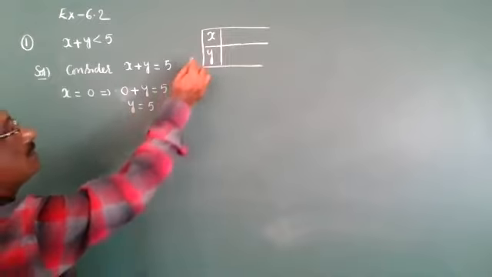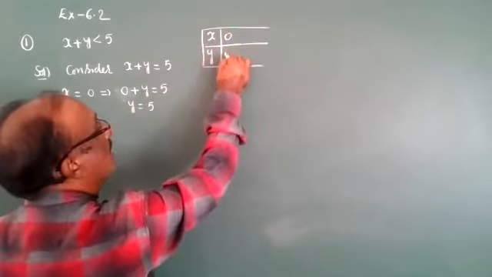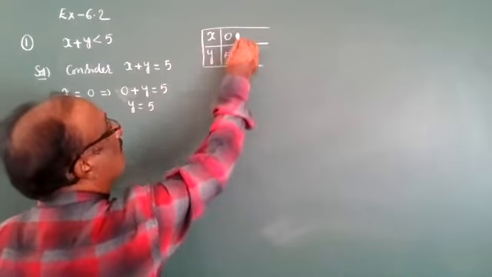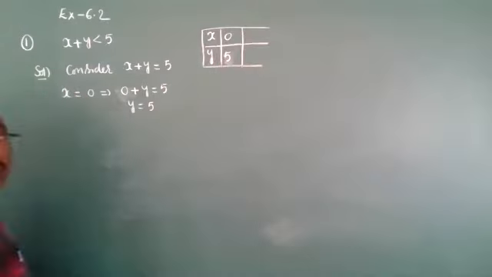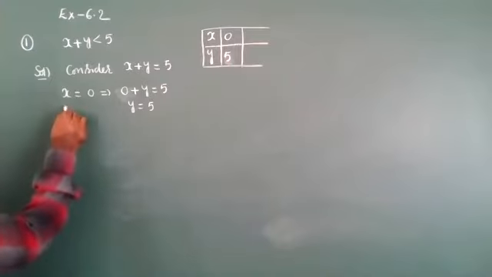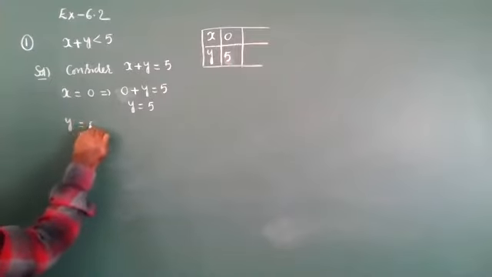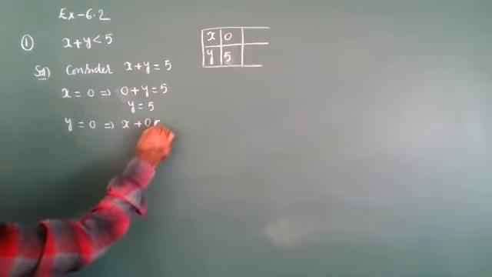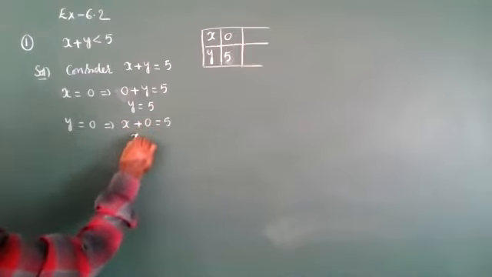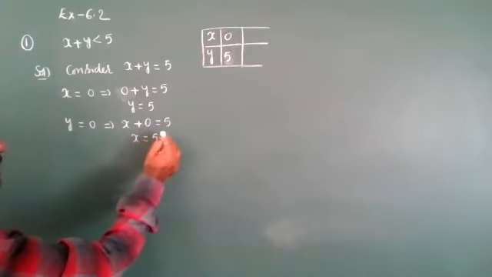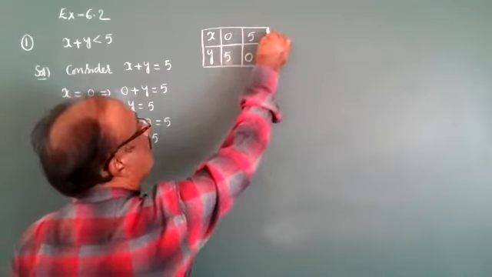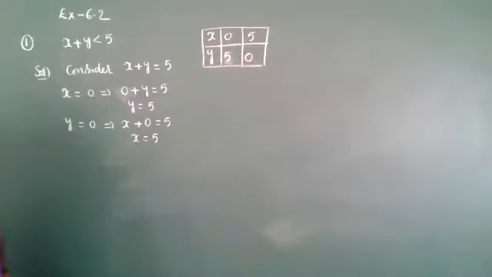In the x place is 0, y value is 5; write it down in the table. Next, let y is equal to 0. Then 0 plus x is equal to 5, therefore x is equal to 5. Now write down y is equal to 0, then x is equal to 5. Table is closed. Okay?